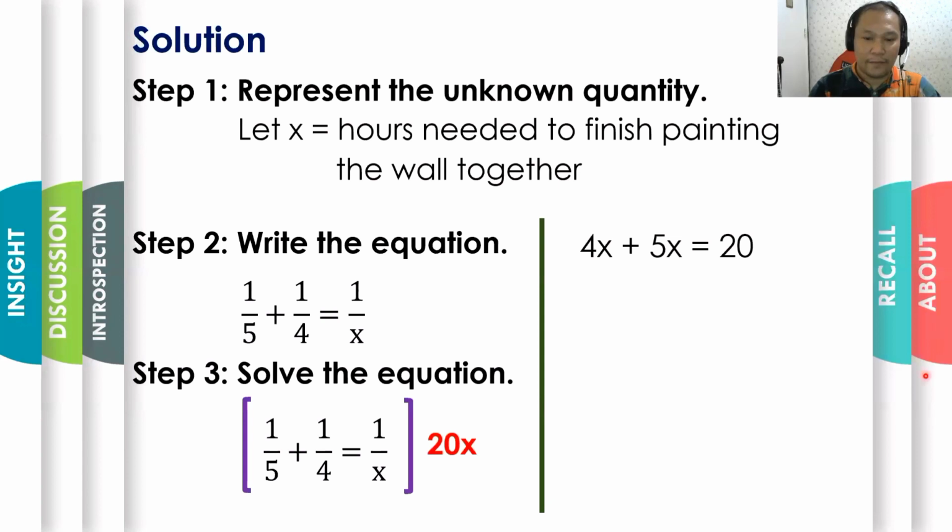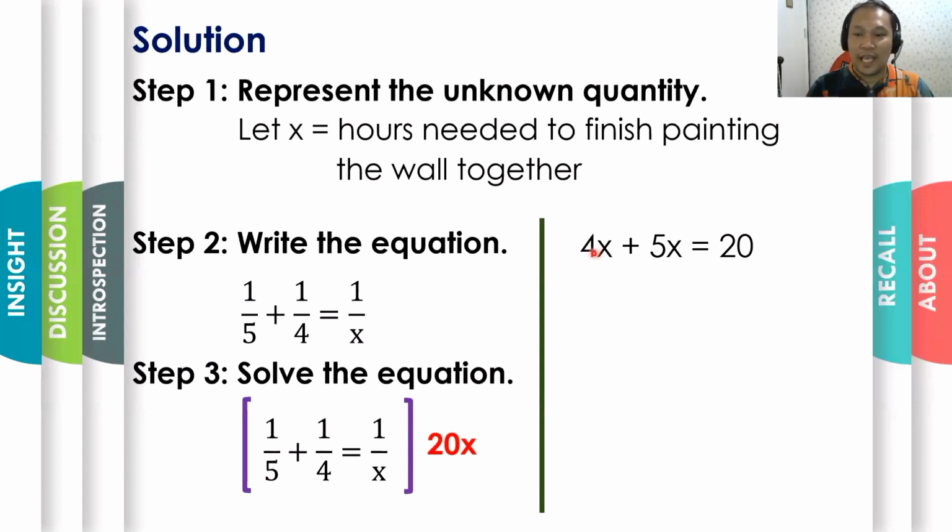Okay, now we have 20x divided by 5, that is 4x, multiplied by 1, we do have 4x. 20x divided by 4, we do have 5x. Multiply to our numerator, then we do have 5x is equal to 20x divided by x, we have 20, times 1, we do have 20.